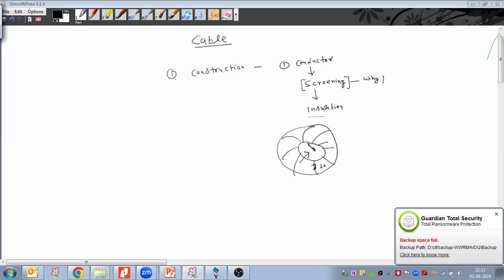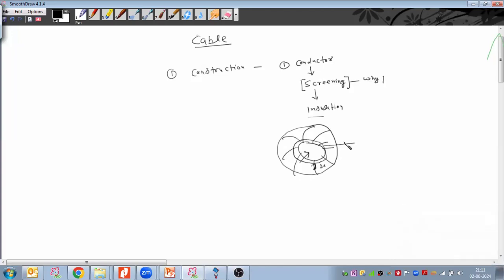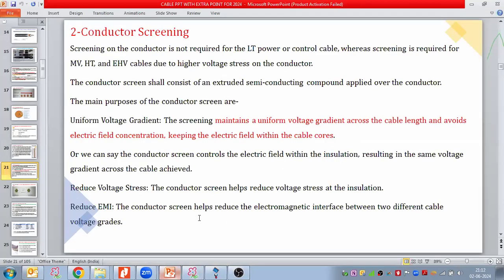So we put another layer around the conductor core. It serves two purposes. First, it reduces the electrical stress coming on the insulations. Second, it provides a uniform equipotential or uniform voltage gradient around the cable core, and it avoids electrical discharge as well. So that is the reason we are taking the screening around the conductor.